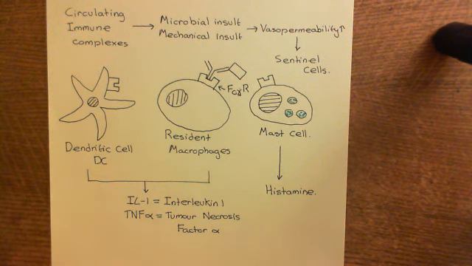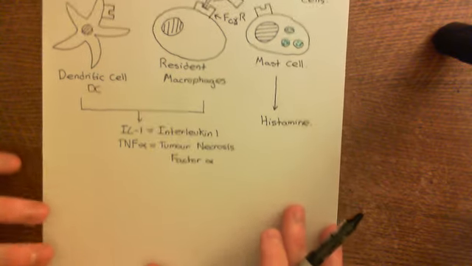So maybe the circulating immune complexes can activate the acute inflammatory response in the blood vessels within the synovium of distal extremity joints without actually leaving the blood vessels. But we don't know. Something happens and you launch an acute inflammatory response.